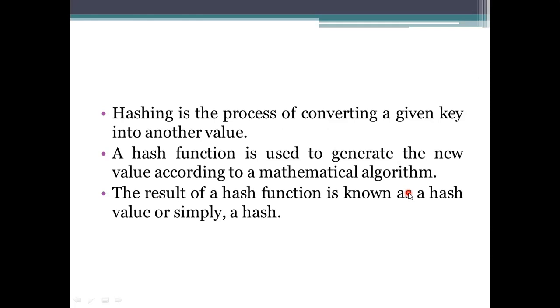There is another implementation of this array, which is an associative array ADT type, which uses a data structure called a hash table, which is supported by the concept called hashing.